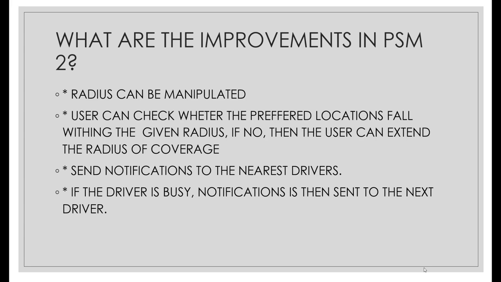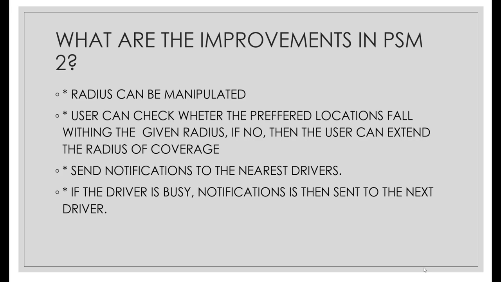Now, what are the improvements in PSM2? The radius can now be manipulated. It means that if someone is stuck in a particular area and an urgency arises, there could be some sense of emergency. Maybe that particular rider might not find any ride nearby, assuming that the CarPool RestA application is not available in that area.